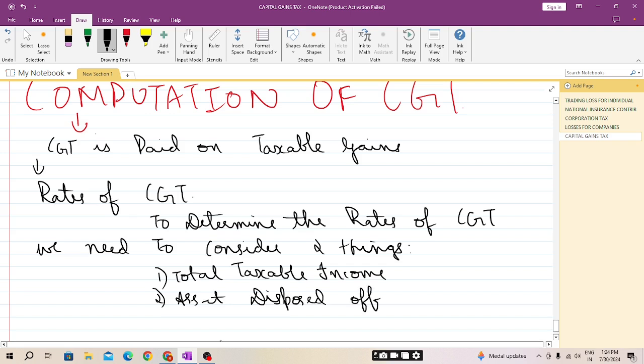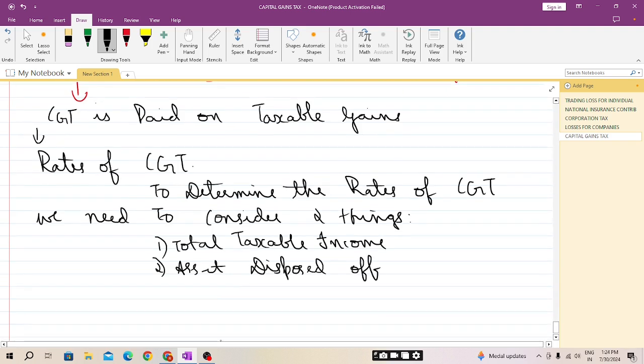As we have seen, the taxable gain will be treated as the top slice of the income after the total taxable income. If the taxable gains fall in the basic rate limit, we'll apply the basic rate; if they fall above the basic rate limit, then we will apply the higher rate.